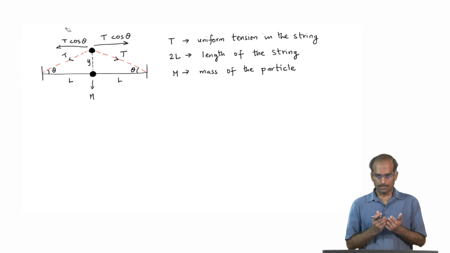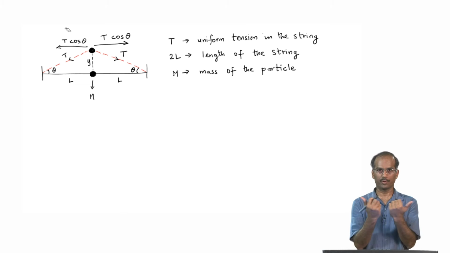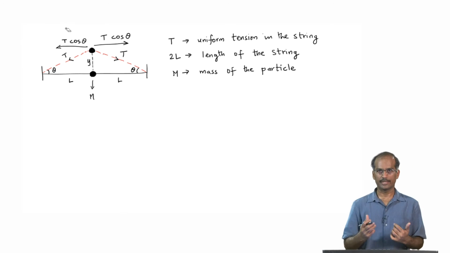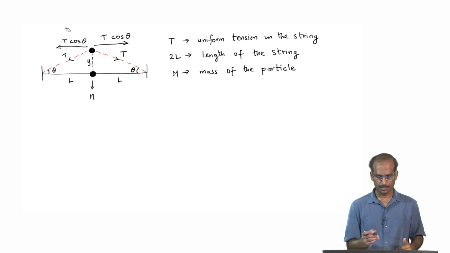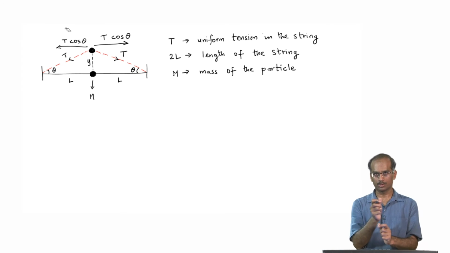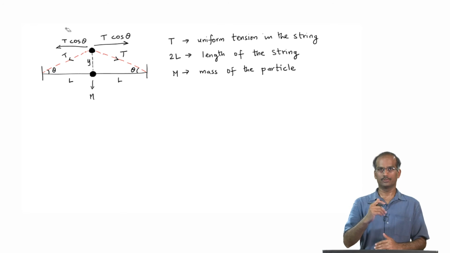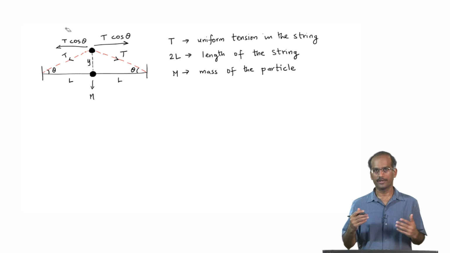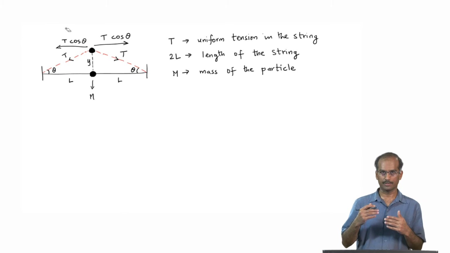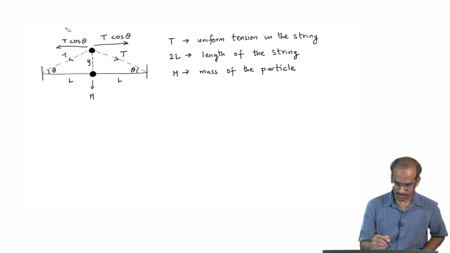So, because the tensions opposing one another in the horizontal direction are equal and opposite, the implication is that there is no net motion of the particle along the horizontal. So, the only degree of freedom, the only direction in which the particle is going to move, is up and down.